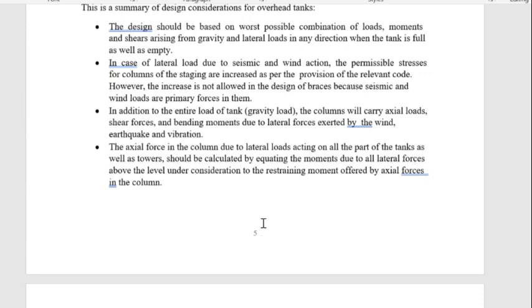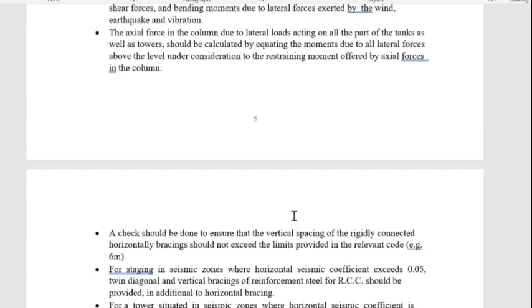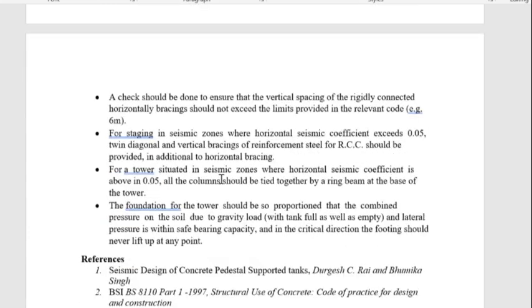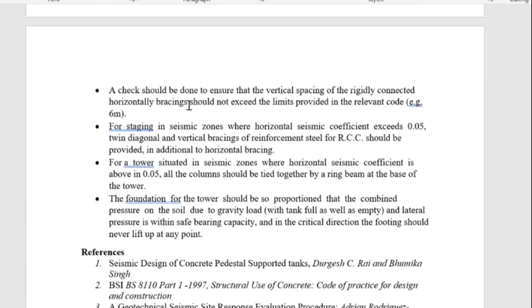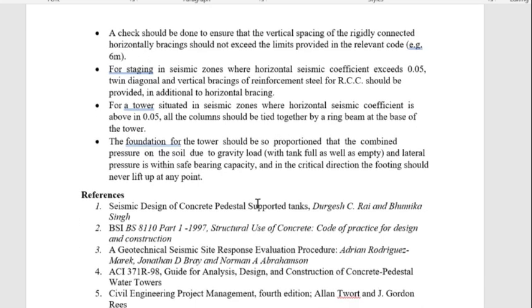Then the axial forces in the columns due to lateral loads acting on all parts of the tank as well as towers should be calculated by equating the moments due to lateral loads above the level under consideration to the restraining moments offered by axial forces in the columns. You must also check to ensure that the vertical spacing of rigidly connected bracing should not exceed the limits recommended in the code.